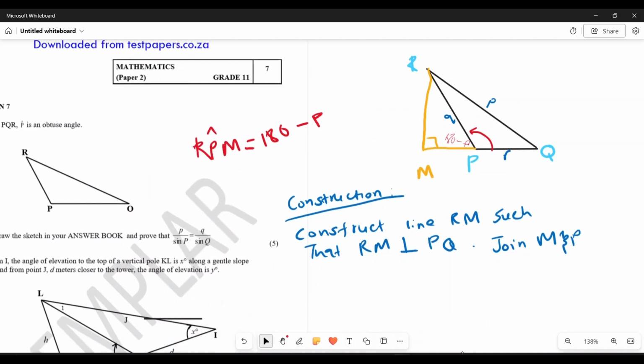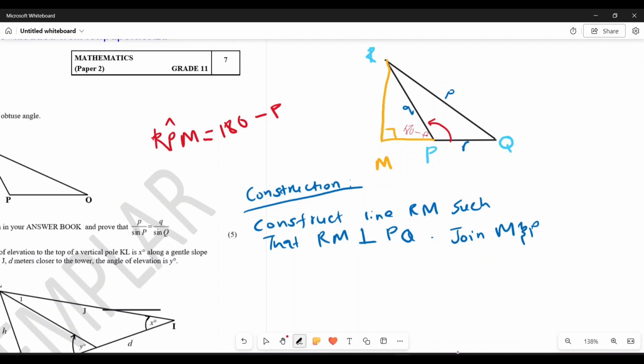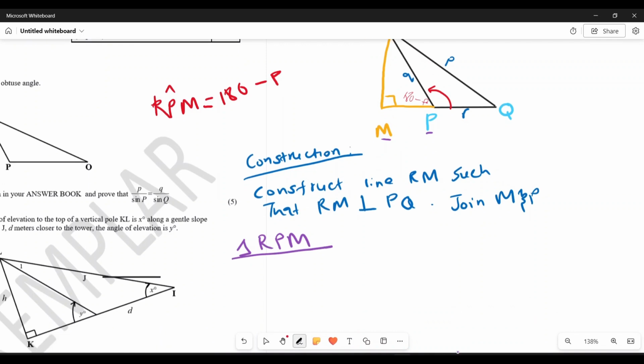Now, taking that into consideration, let us go to the proof, right? So basically, I'm going to start with naming the first triangle that I'm going to be working with. I'm going to be working with the smaller triangle, which is triangle RPM. So RPM, this right angle triangle right over here. So now, in that triangle, I'm going to try to find my sine. Because remember here, I must prove my final answer should include sine.